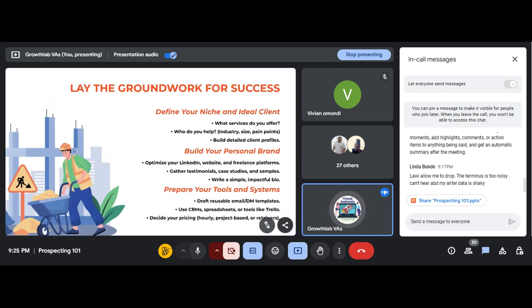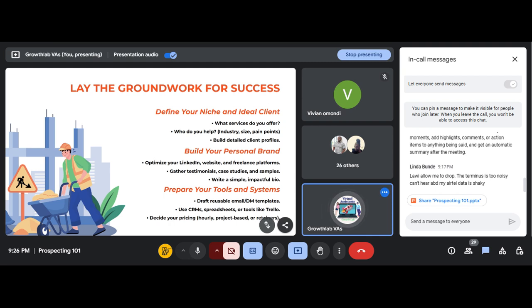Then the third one was tools and systems. Now, tools should be things like templates, spreadsheets, your service flyer, a brochure showing the services you offer and who you offer it to, the price and what have you.